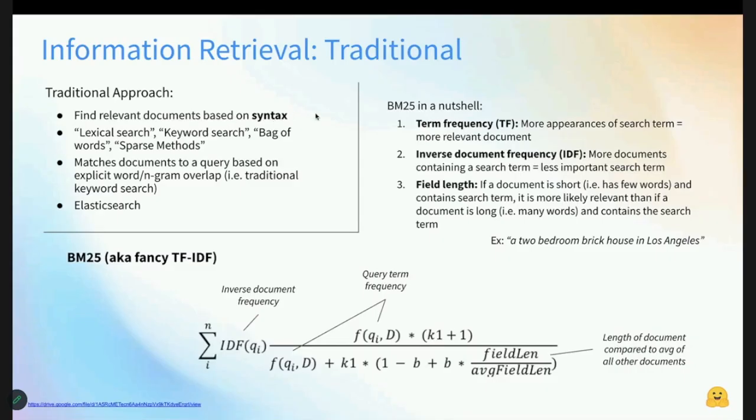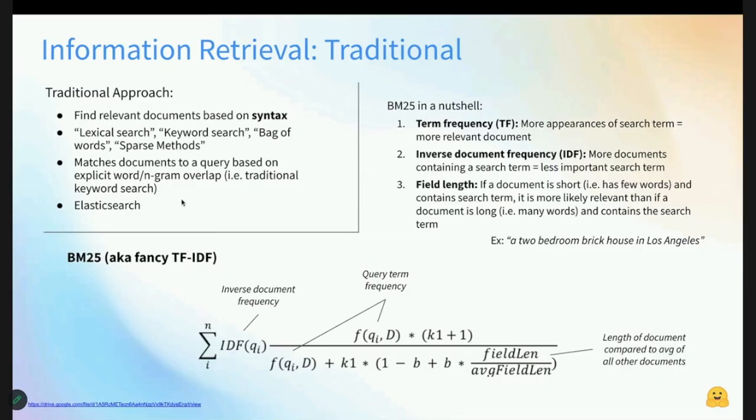So literally matching, given a query, look for explicit word or n-gram overlap between the query and the documents you're searching for. And so this is often referred to as lexical search, keyword search, bag of words methods, and also called sparse methods for retrieval.